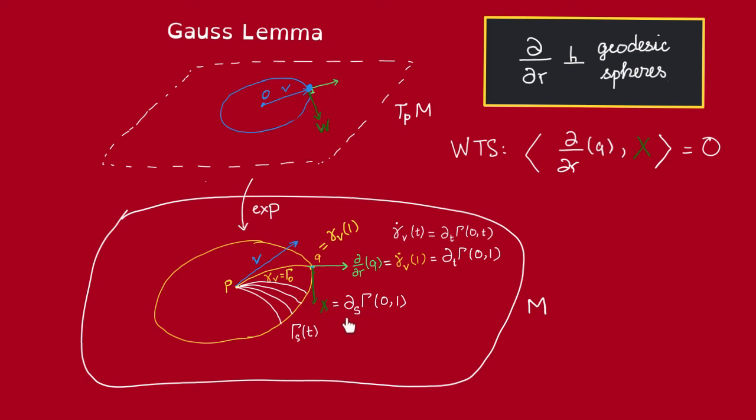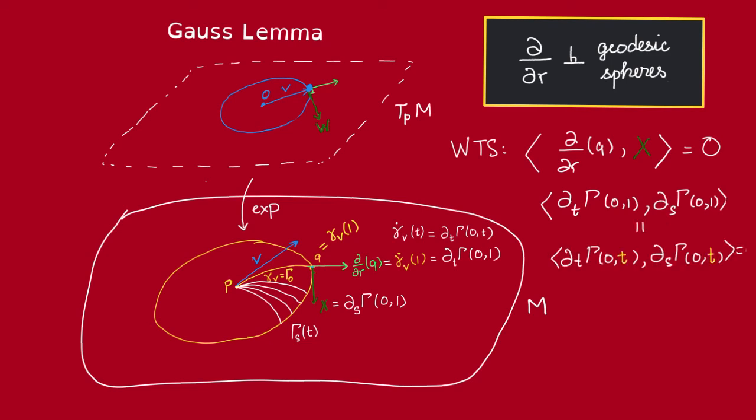But we first have to rigorously define this variation. Okay, so we'll do so. And once we do so, the proof comes easily as follows. We want to show that this inner product is equal to 0. We're going to do so by showing that this inner product is independent of t. That means that as I move these two vectors along this curve, staying in this vector field, the inner product doesn't change.